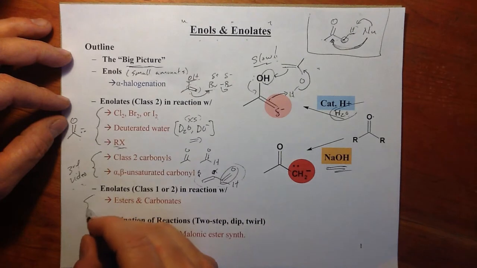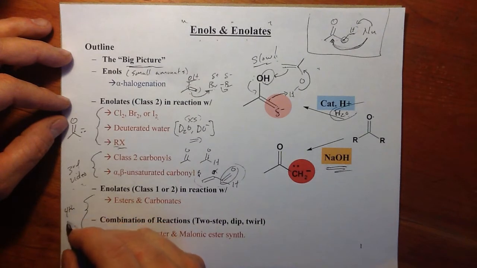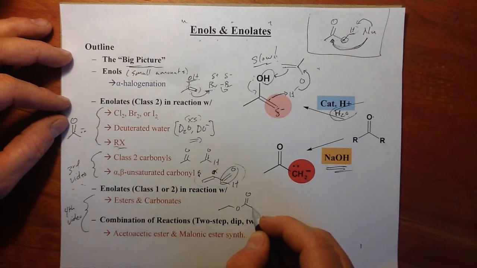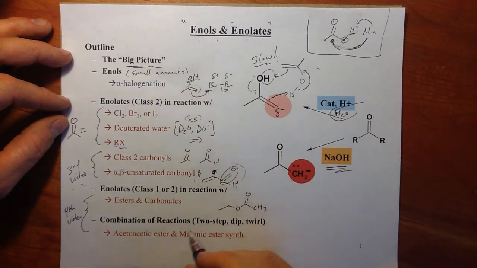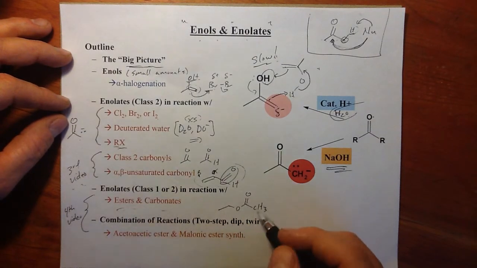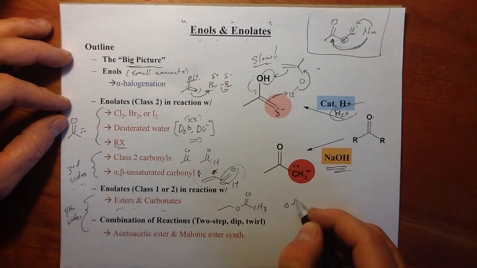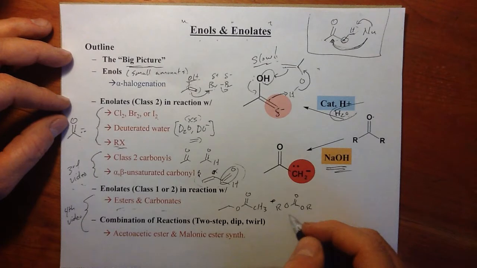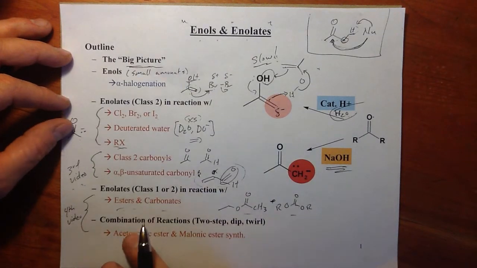And in the fourth video, we'll look at attack not of class 2 carbonyls, but of esters. What happens if we attack esters and carbonates? What happens if we attack these two types of species with enolate ions?